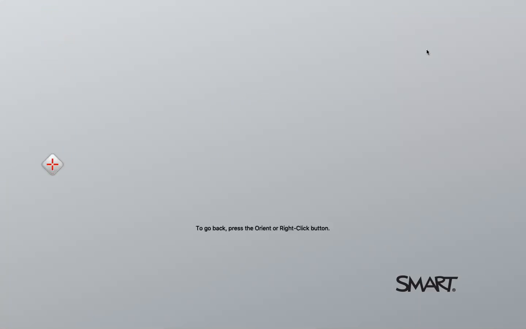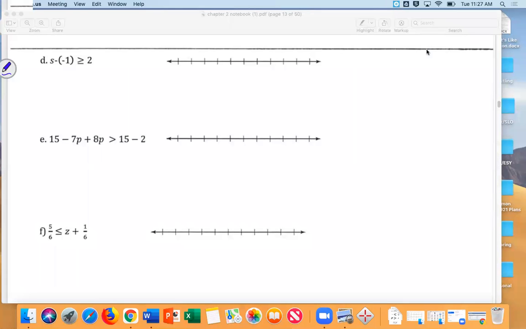It's section 2.2. Did you find it? You're at 2.3.